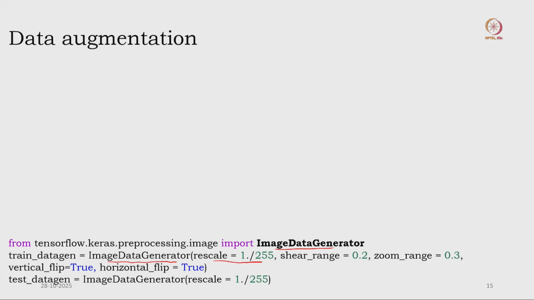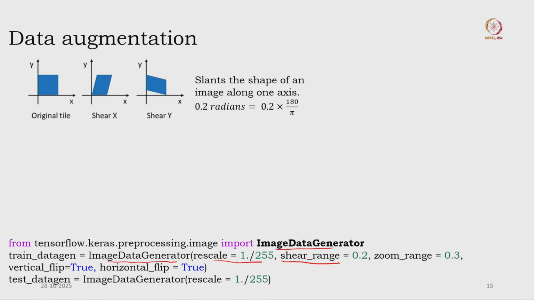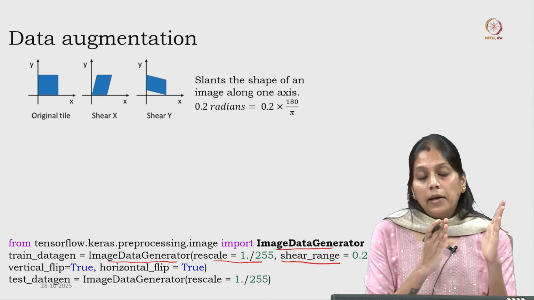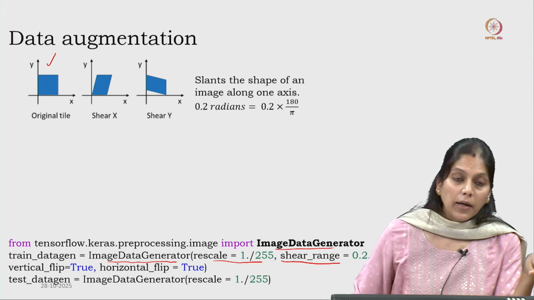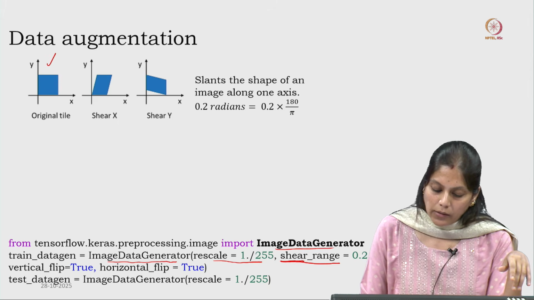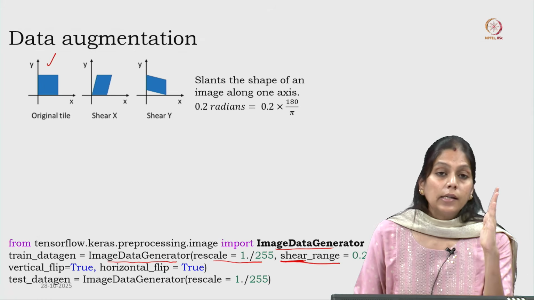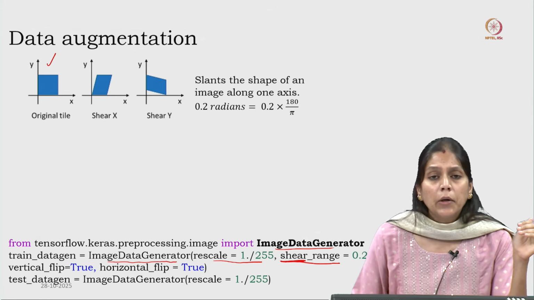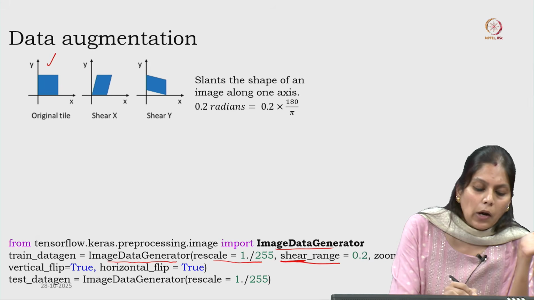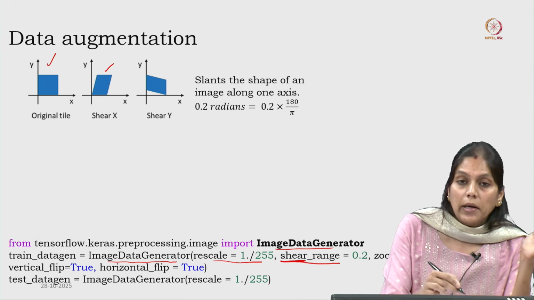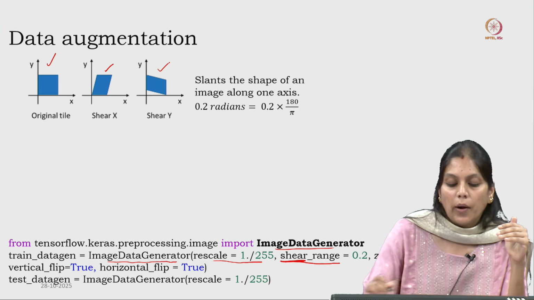The second important parameter that we are passing is shear range. Now, what exactly is shear range? It is nothing but slanting the shape of an image. This is the original image. Shear is a slant. When you are dealing with two dimensions, you can slant along the x-axis, or you can slant the image along the y-axis.